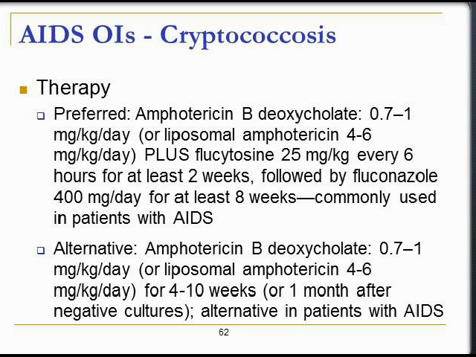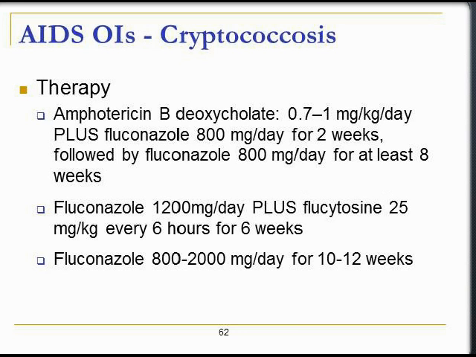The alternative I have there is amphotericin alone, but based on the study that just came out, that's still not the preferred therapy. Another option is amphotericin plus fluconazole, but that's not a preferred therapy either. Other options, which are really down on the list, are high-dose fluconazole with flucytosine or high-dose fluconazole alone. And you can see these are hefty doses of fluconazole.